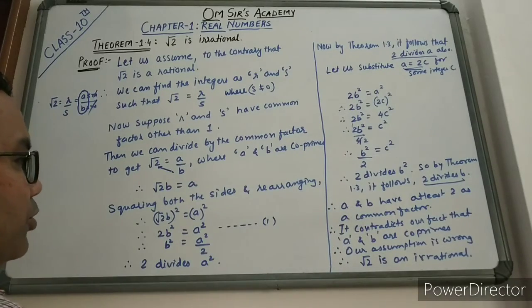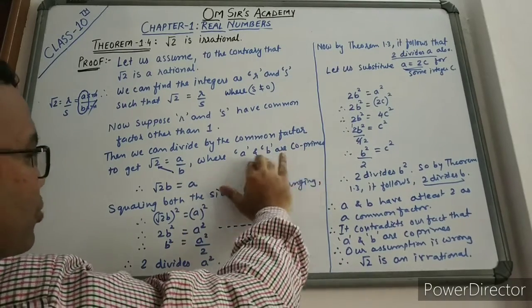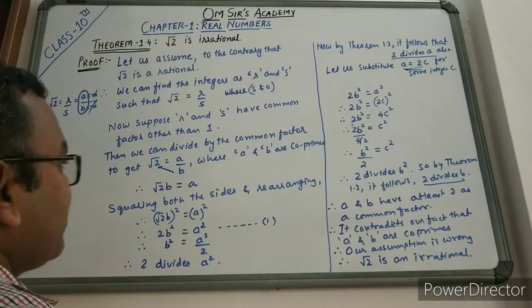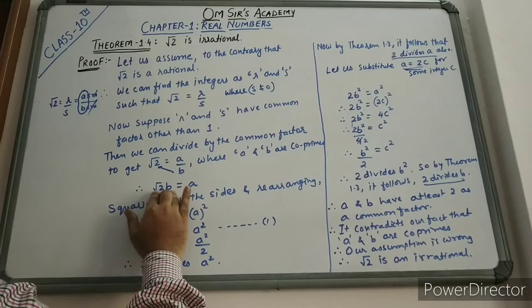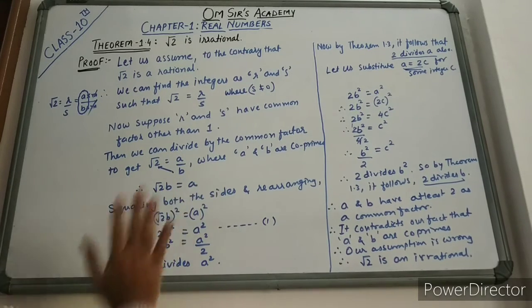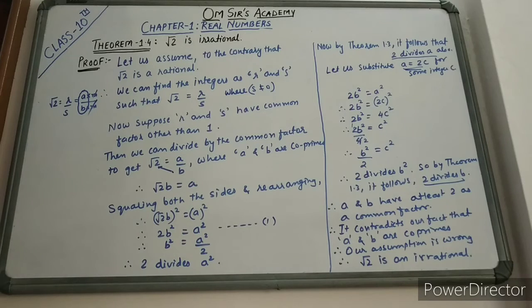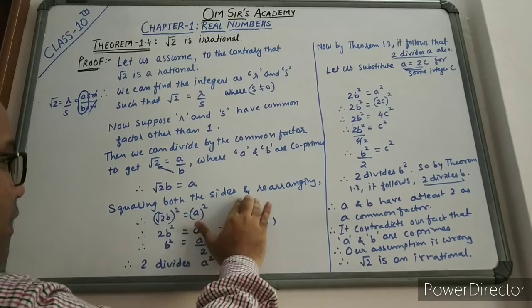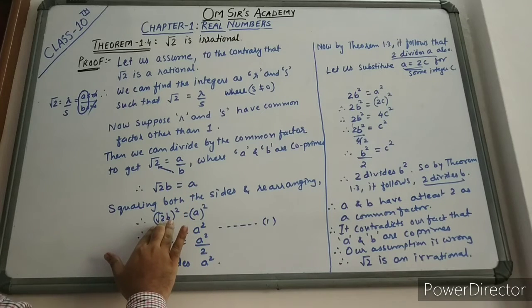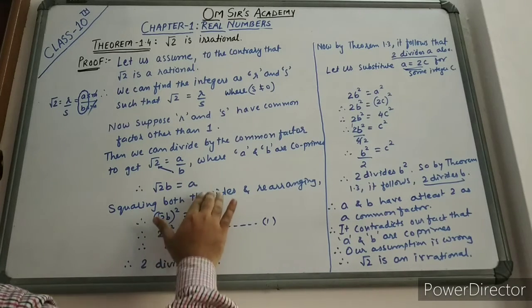a and b जो है वो क्या होंगे? हमारे co-primes. Co-primes मतलब they would have nothing common other than 1. So therefore root 2 b equals a. Is it clear? Now squaring both the sides and rearranging. अभी दोनों साइड्स को स्क्वायर करता हूं, तो root 2b the whole square is equal to a the whole square.